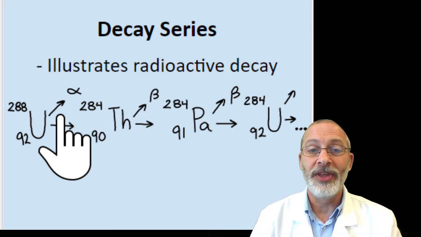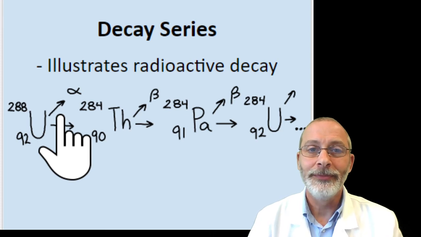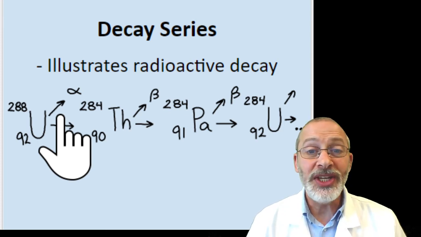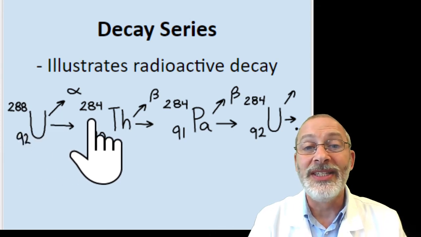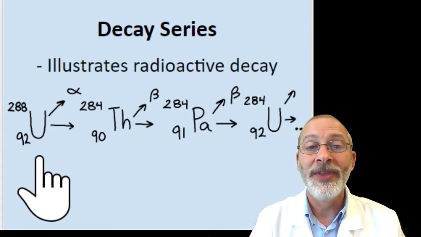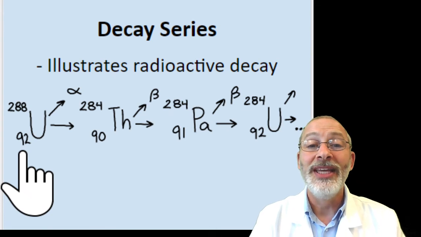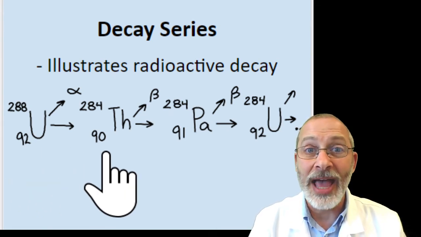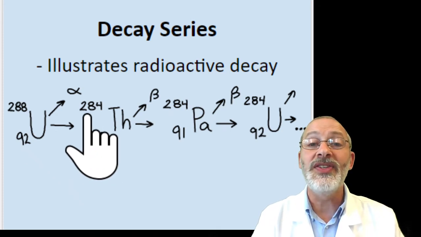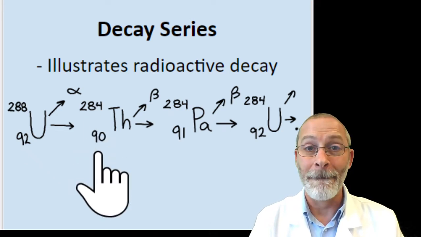Look at the chart. Think about it. If you see that the atomic mass decreases by 4 and the atomic number decreases by 2, that's exactly what happens. And that's where these numbers come from.